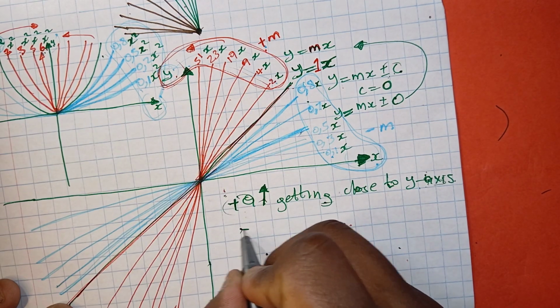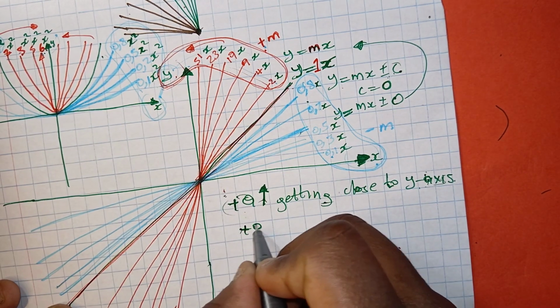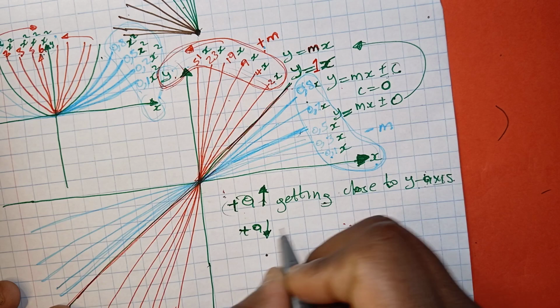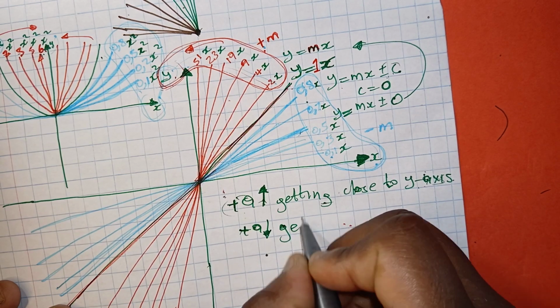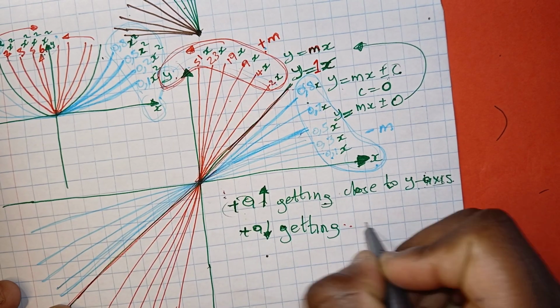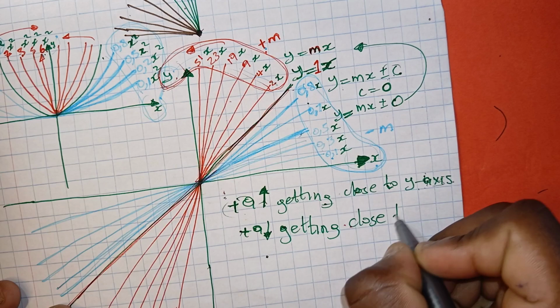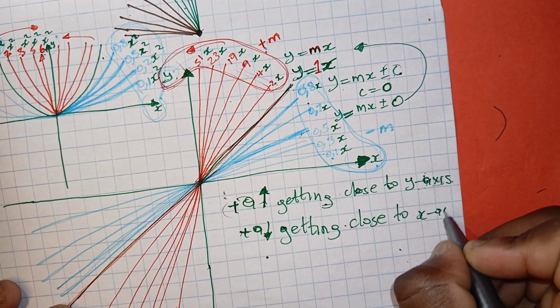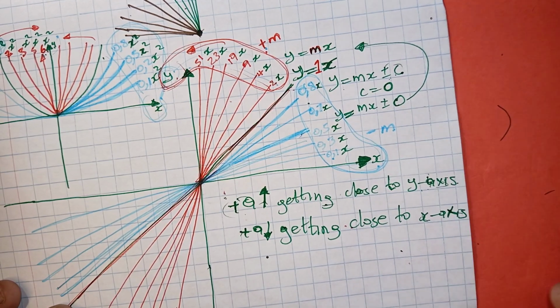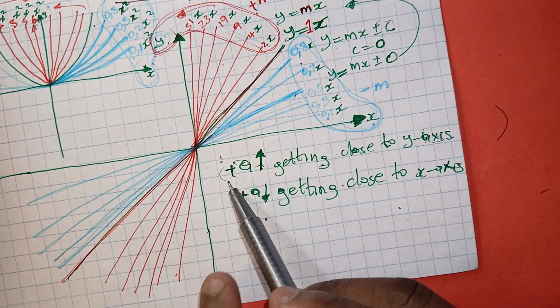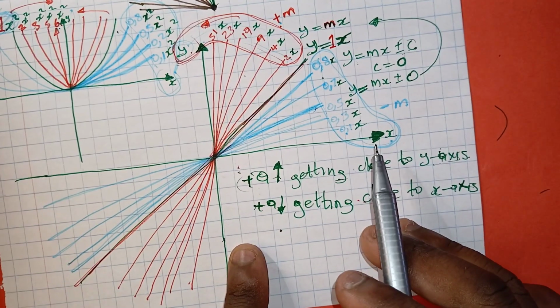But as I decrease a positive gradient, I'm getting close to the x axis. Do you see? Now I'm talking about a positive gradient, guys.